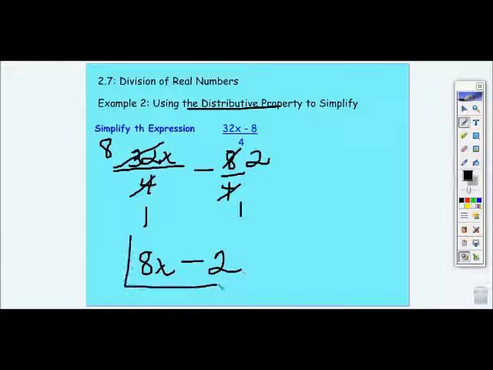And this is my simplified expression. Now the book uses the 1/4 and multiplying it through, but I think it's a little bit easier if you just separate it into two separate fractions. Just don't forget to keep the sign with that second term.